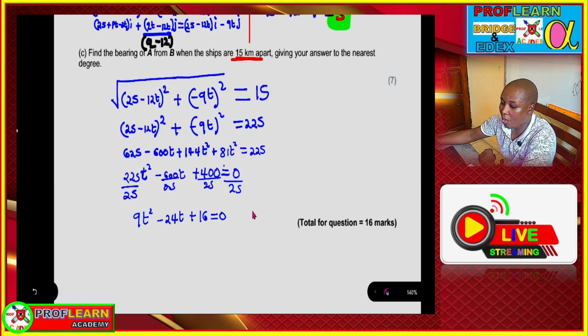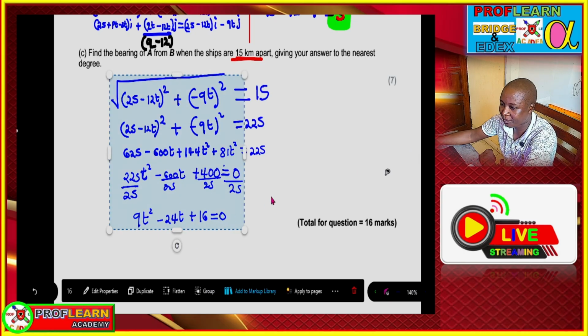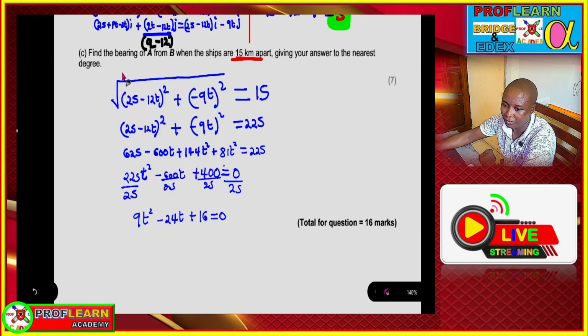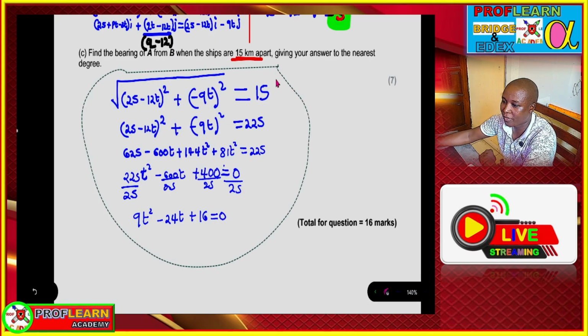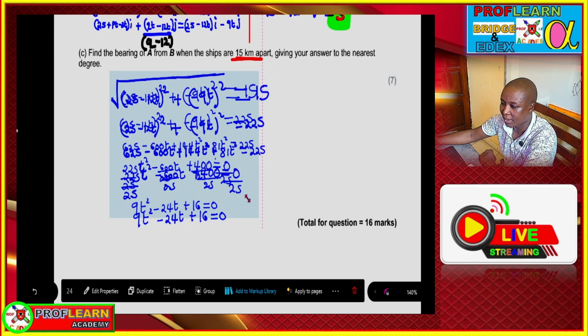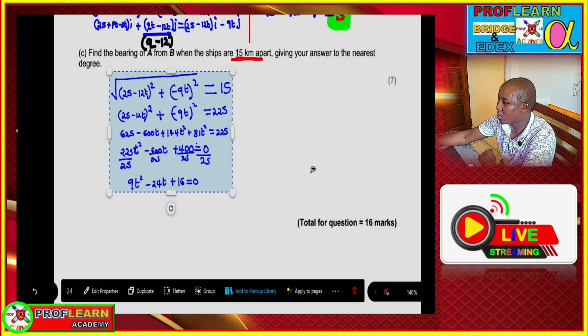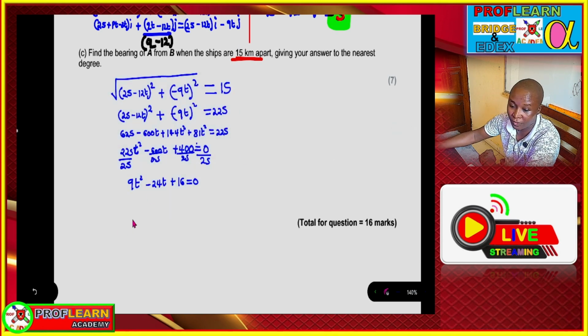Once we have this quadratic equation, the next business is to solve the quadratic, which is going to give us the value of t.